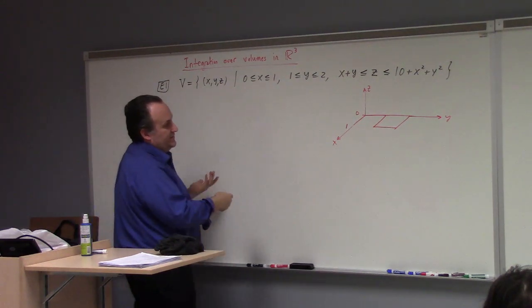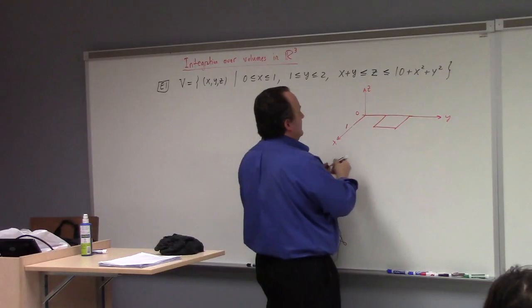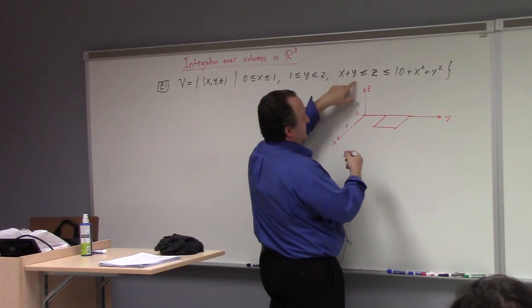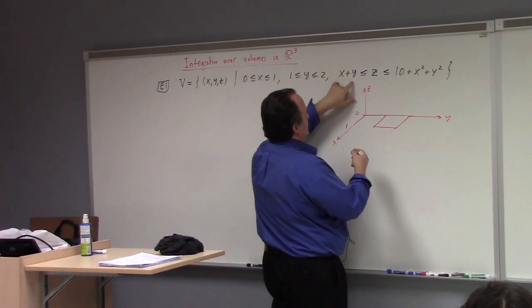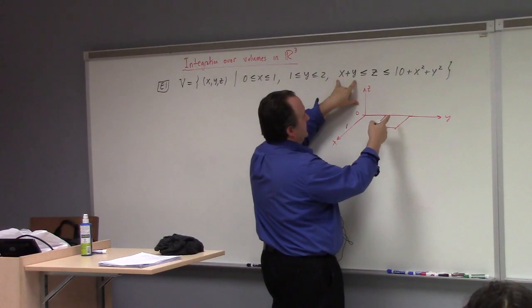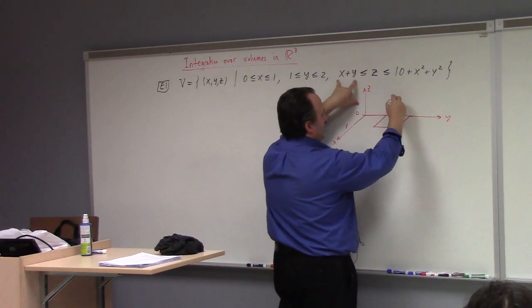But z is stuck between x plus y, which is, all right, z equals x plus y is a plane, right? And if you look at that plane, when x is equal to 0, you get y equals z. So it's something like this here.